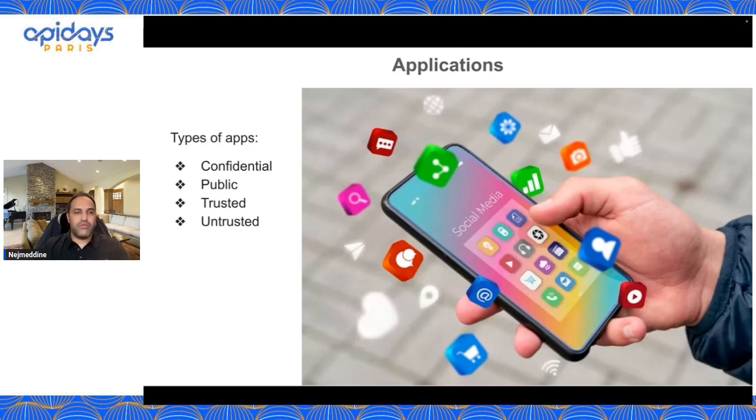So for now, keep in mind that we have 4 types of application: confidential, public, trusted and untrusted.